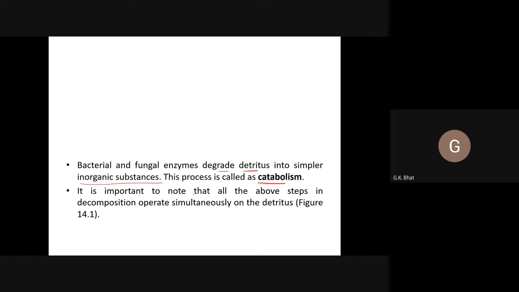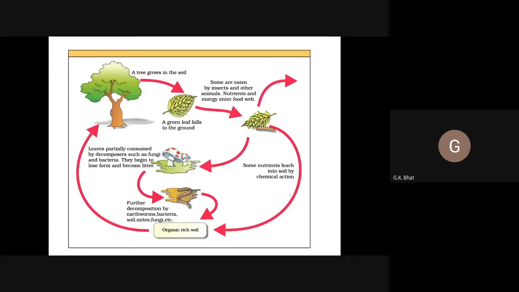It is important to note that all the above steps in decomposition operate simultaneously on the detritus. Understood? Look here. You see one particular leaf falling down on the ground.